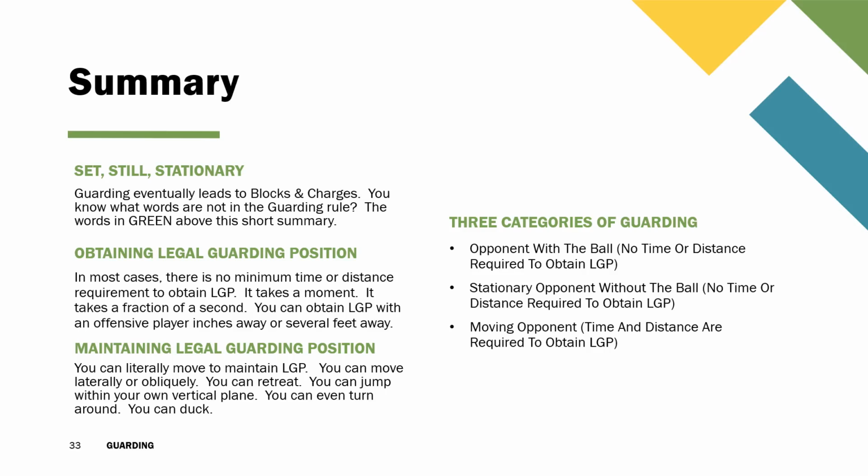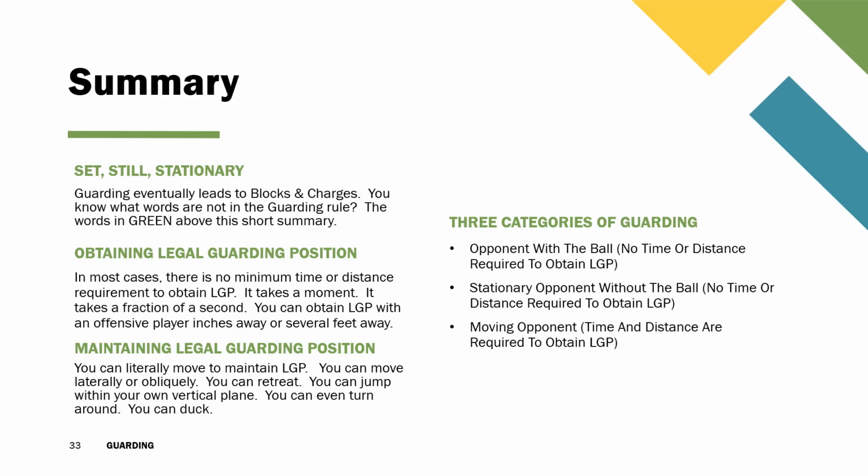You must obtain legal guarding position, and once you obtain it, you can maintain it. It takes a fraction of a second or a moment to obtain legal guarding position. Simply 2 feet on the playing court with your torso facing your opponent. Once you've done that, you've obtained it. To maintain it, you can move almost anywhere, laterally, obliquely, left or right. You can retreat. You can jump within your vertical plane. You can turn around. You can duck.